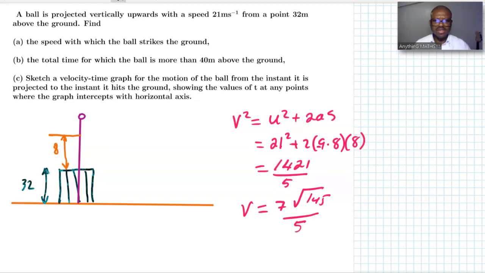Nice and easy. So now we know the velocity at this point to be 7 root 145 all over 5. That's important information.